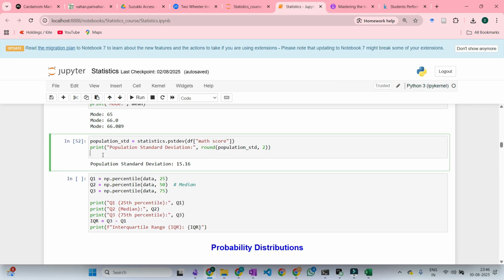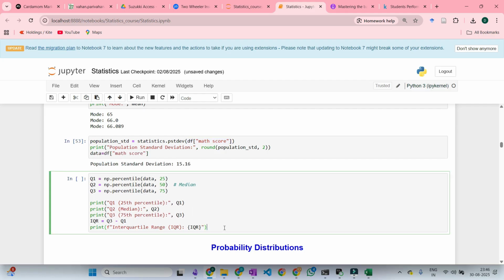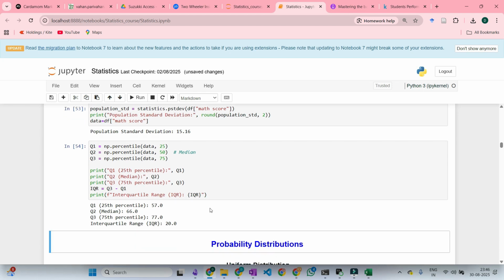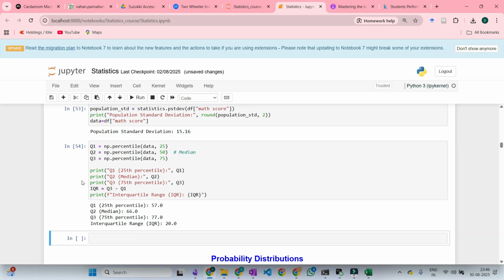You can do one thing, just put data equal to df math score. Okay, let us find the quartiles. You can see the first quartile is 57, the second quartile is 66, and the third quartile is 77, and the interquartile range is 20, right? So you have got the quartiles.